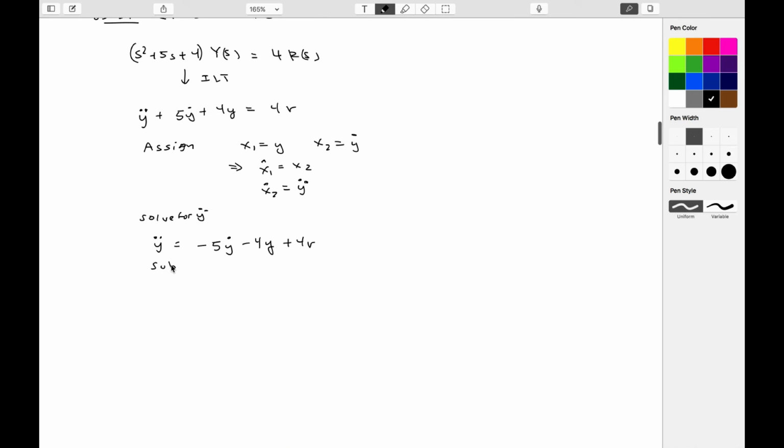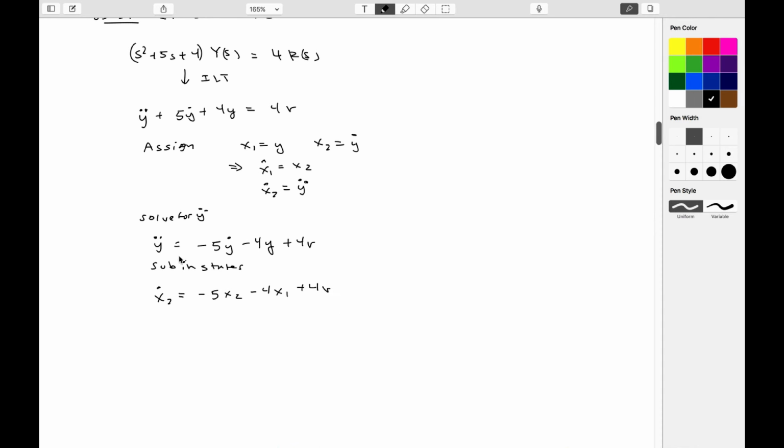And then I'll sub in my states. All right, so let's sub in our states, and what we'll get is that x2 dot is equal to minus 5 x2 minus 4 x1 plus 4r.